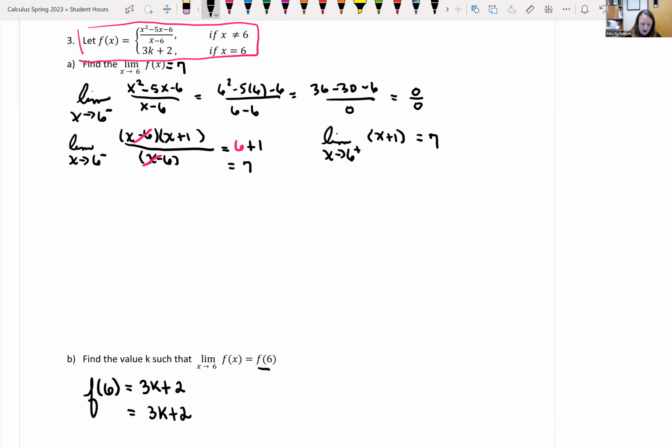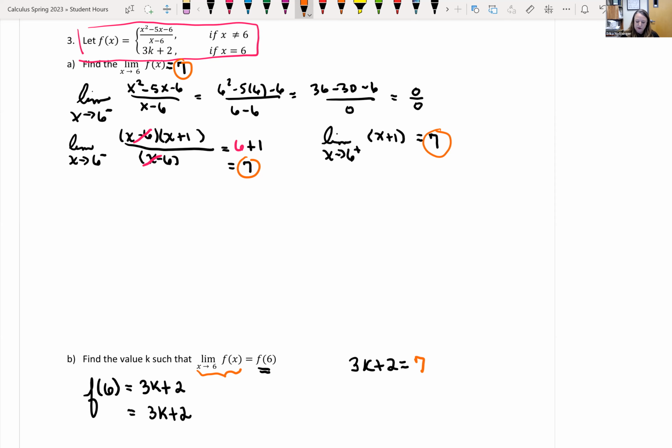So I want to know when is my f of 6, which we just said was 3k plus 2, equal to my limit as x is approaching 6 of f of x, which we just found above was equal to 7. We're trying to find out what k needs to be in order for this to be a true statement. It's a linear equation. We want to isolate that variable k.